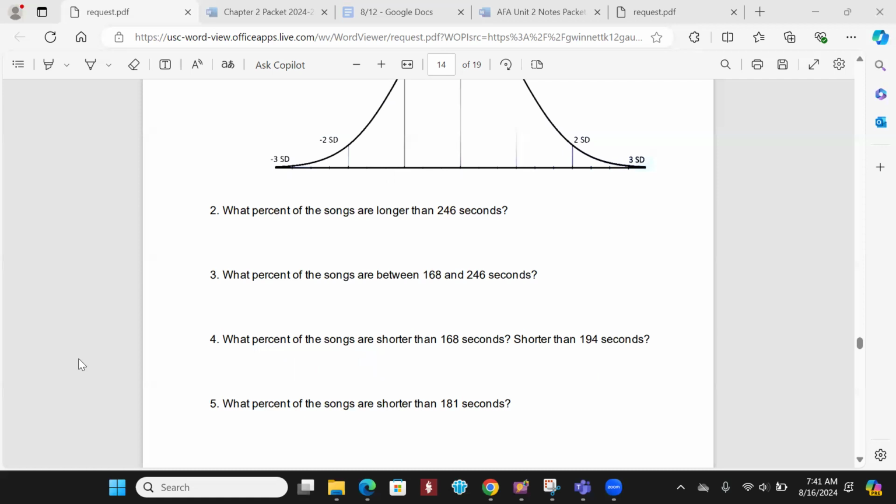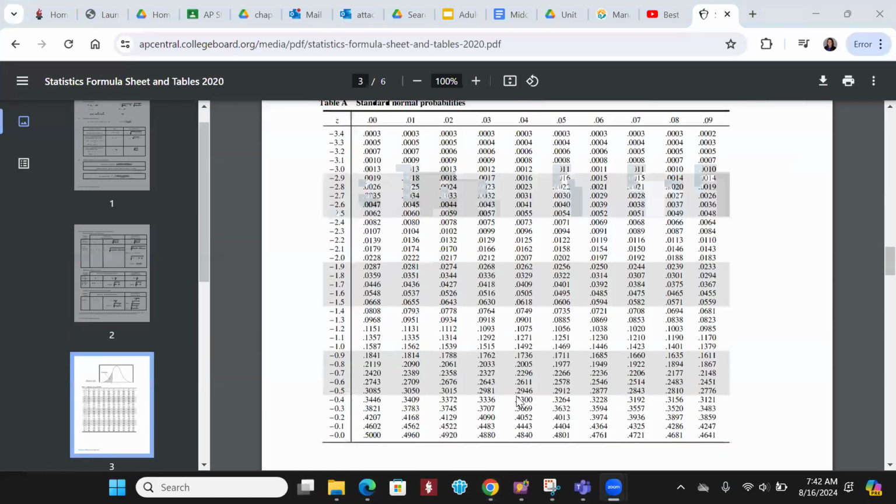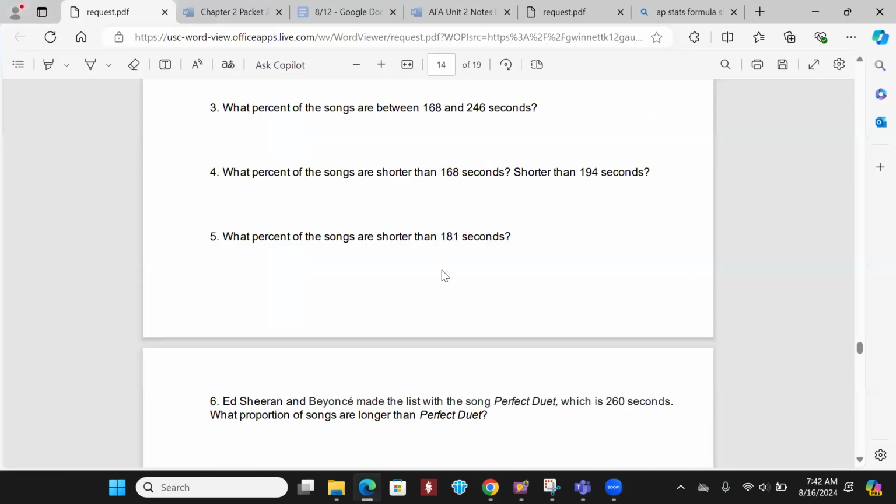I would take that out. You're going to flip to this page. Do we remember this? Yeah, we love and hate it all at the same time.